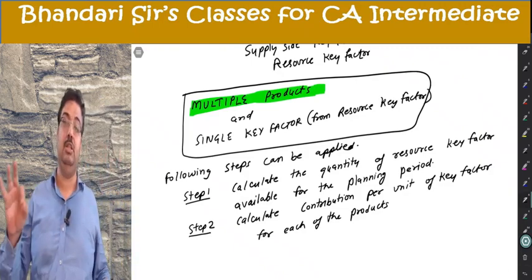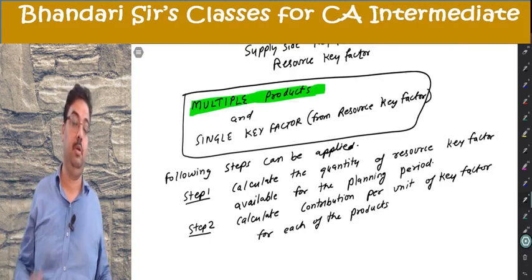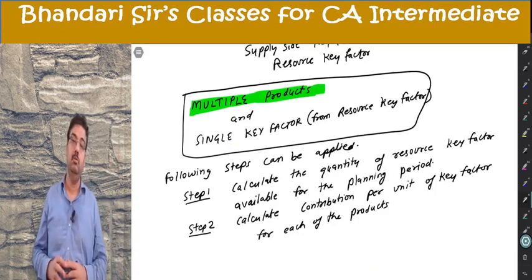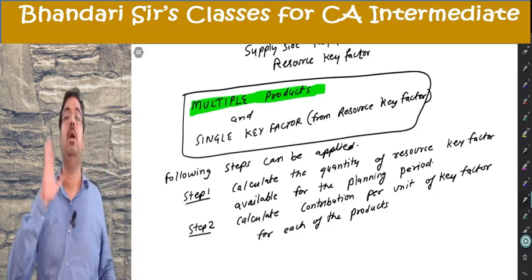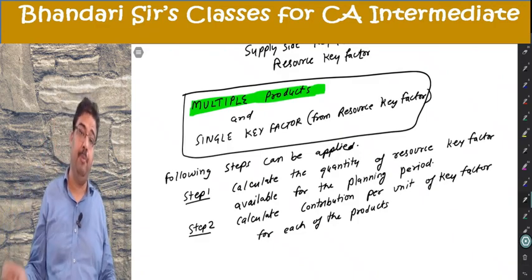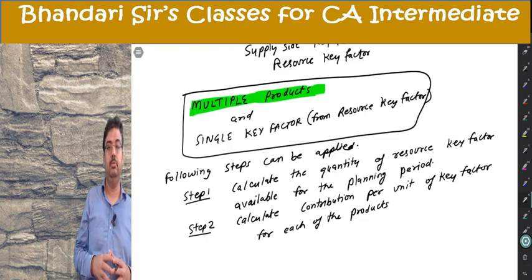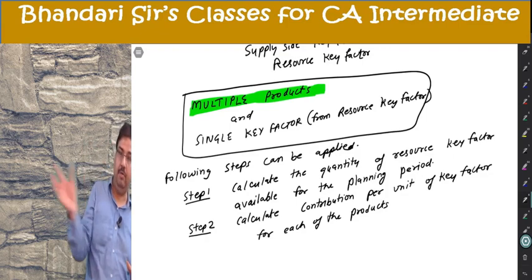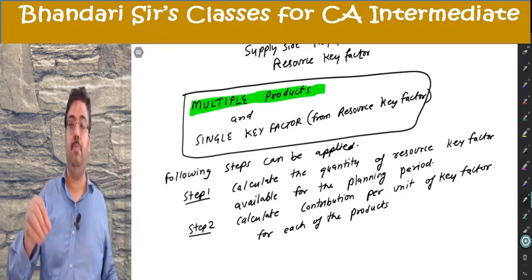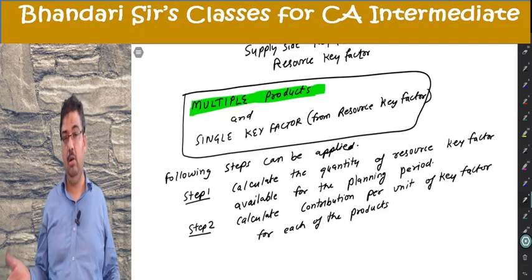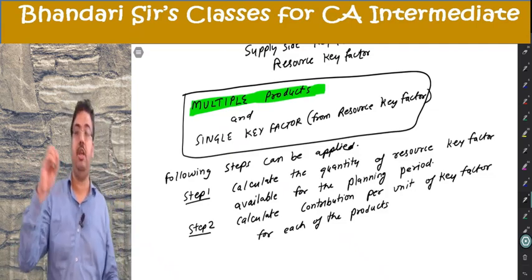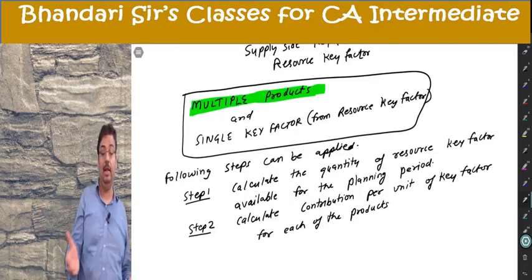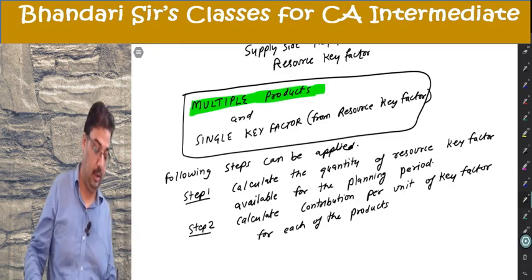For example, if kgs are limited, contribution per kg for each product. Labor hours are limited, contribution per labor hour. Machine hours are limited, contribution per machine hour. How to compute? Simply compute contribution per unit, then divide by labor hours per unit. You will get contribution per labor hour. Similarly, contribution per unit divided by kg required per unit, you will get contribution per kg. So whatever is the resource key factor, accordingly calculate contribution per unit of key factor.